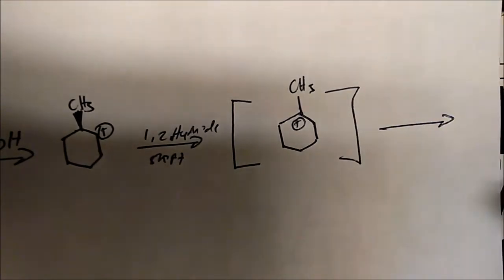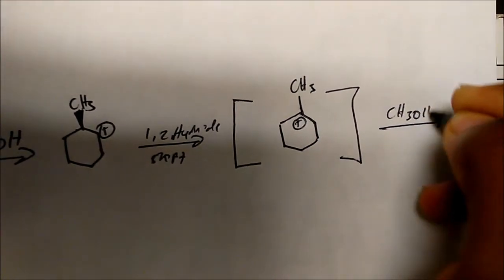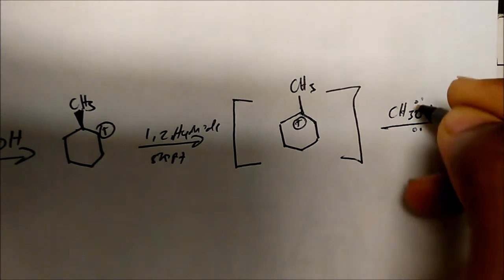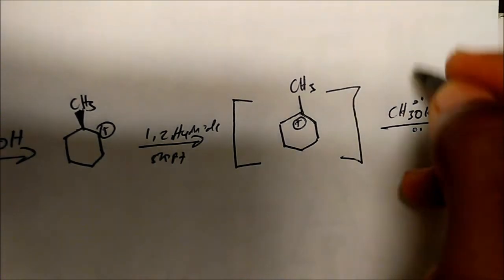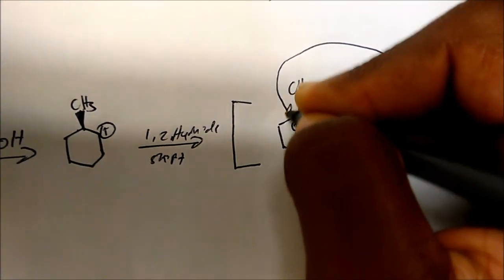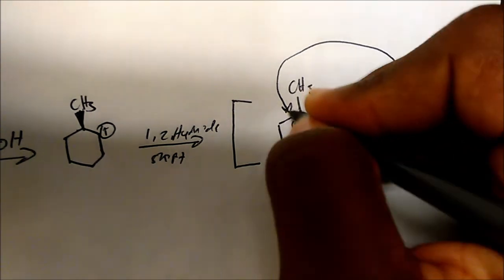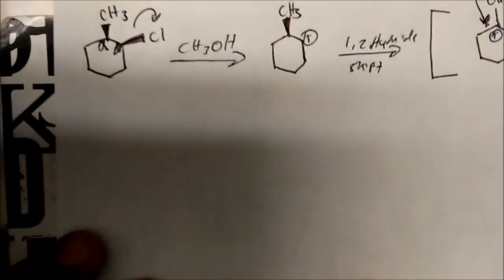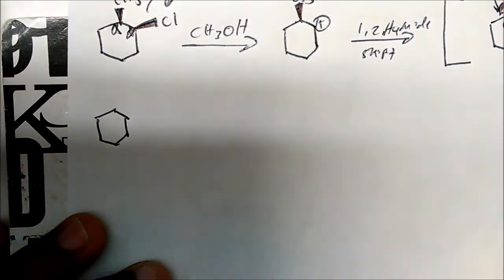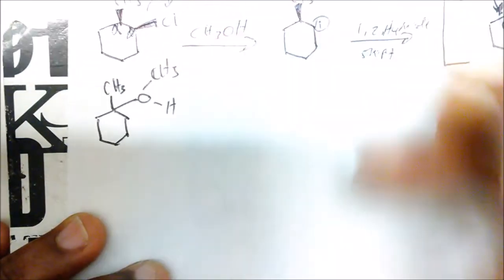So all that happens is that another molecule of methanol comes in. Now that this is fairly open, it comes in, attacks the carbon with the positive charge, and we get something that looks like this. CH3 with an O bonded to an H and a CH3, right?